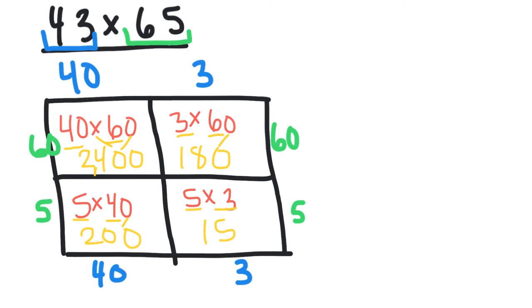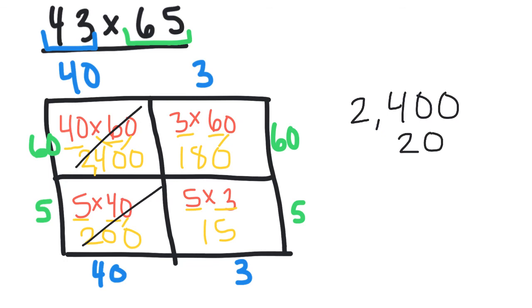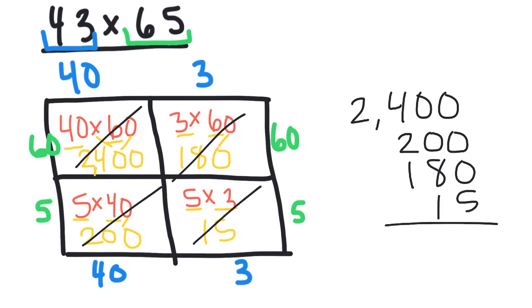I like to go from greatest to least to make my adding easier. So I would have 2,400. I need to be very careful to line up my numbers. Then I have 200. I'm going to carefully line up my place values. Then 180. And then 15.